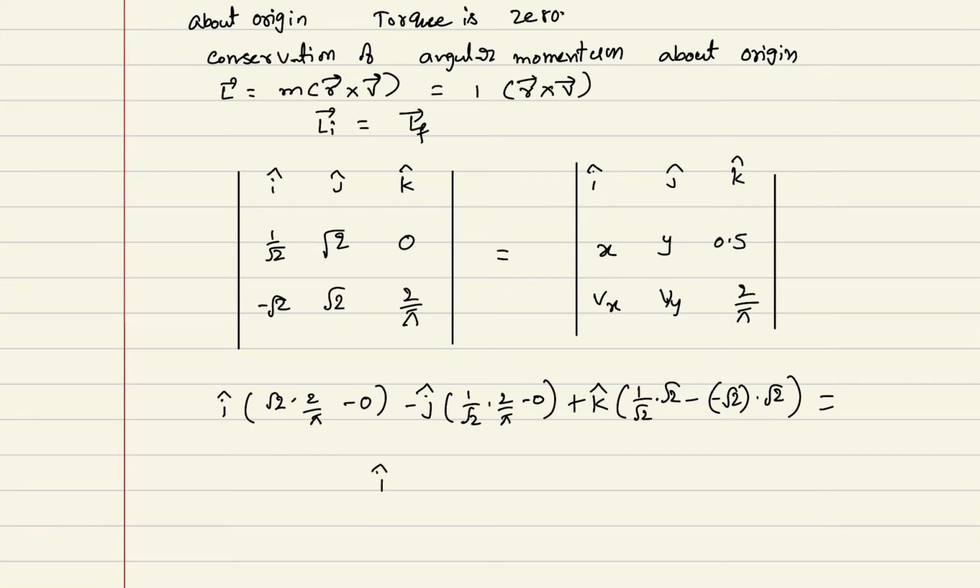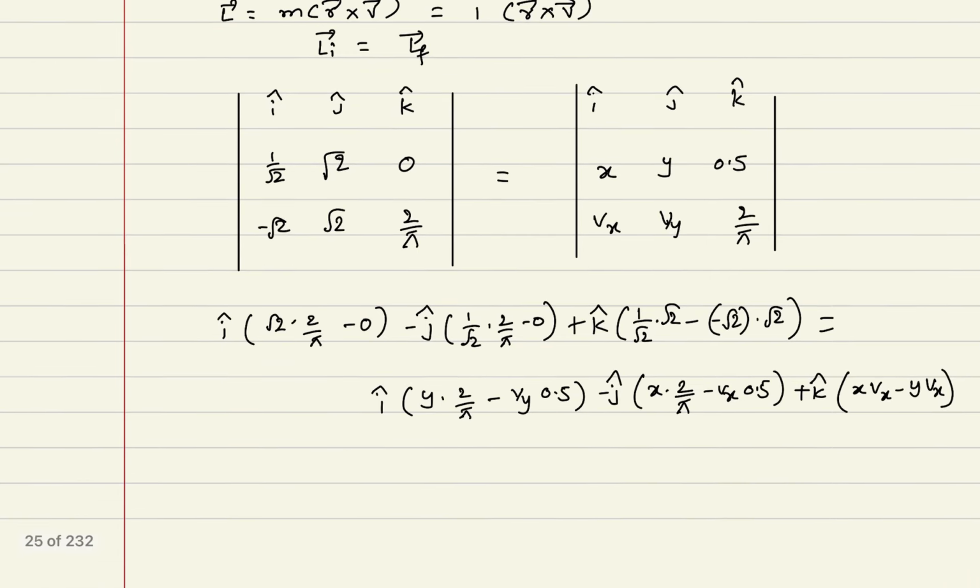That should be equal to i cap into y into 2 by pi minus Vy into 0.5, minus j cap into x into 2 by pi minus Vx into 0.5, plus k cap into x into Vy minus y into Vx.